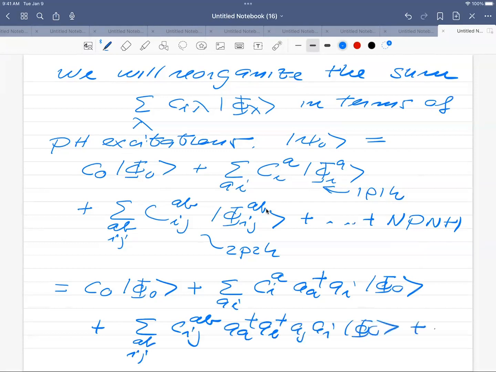And this continues all the way up to n particle, n hole. So when we do that, you see now that we can actually rewrite. Let me just bring it back here in case you haven't written it.